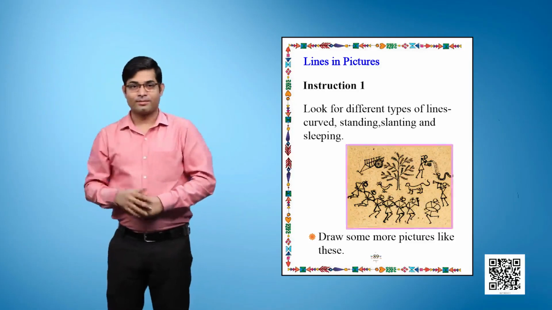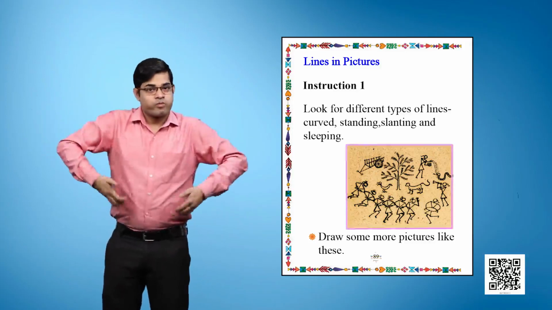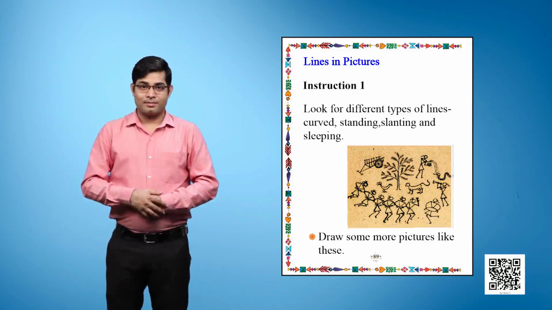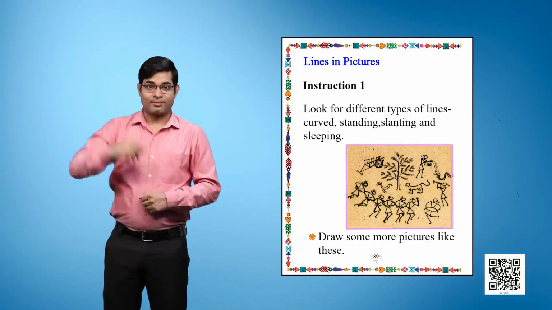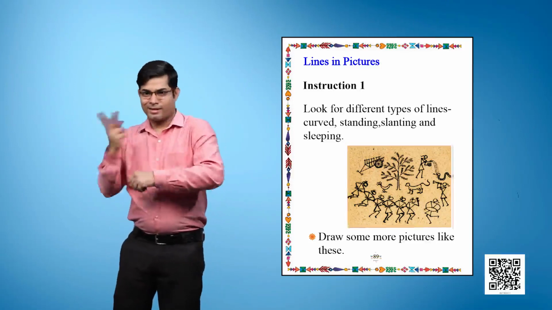On left side of the tree there is a bird, and on right side of the tree there is a monkey. At the top left side of the tree, a bullock cart is drawn with lines and circles.